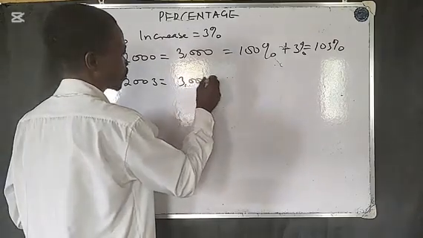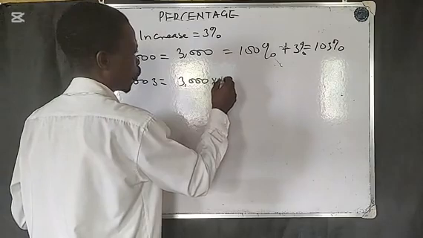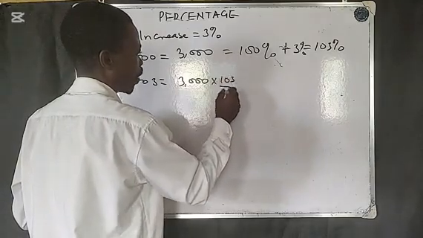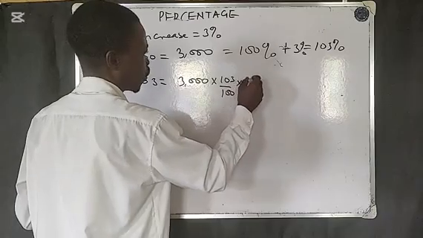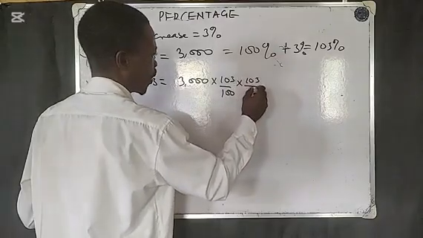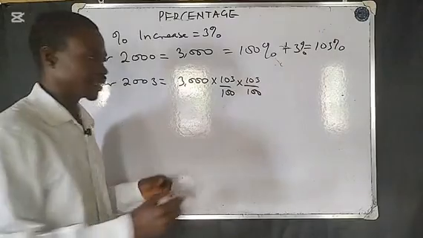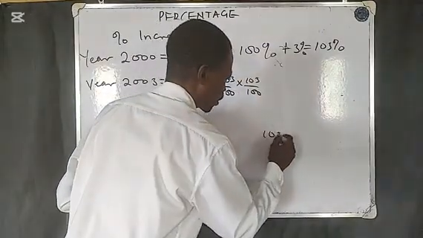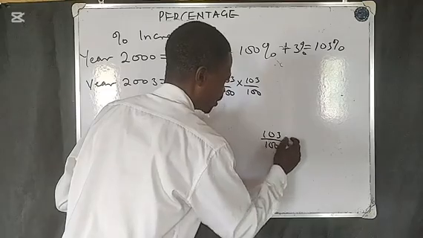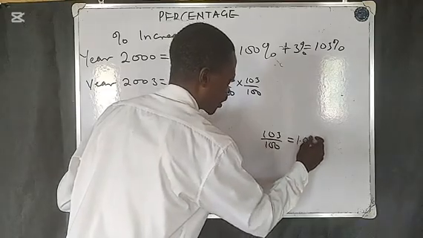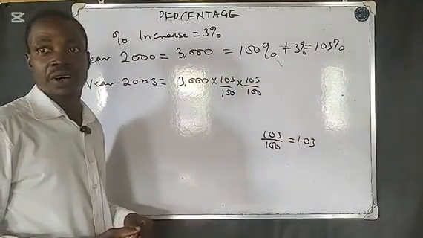3,000 multiplied by 103 over 100 times 103 over 100. Please understand that 103 over 100 is the same as 1.03. Is it correct or not?